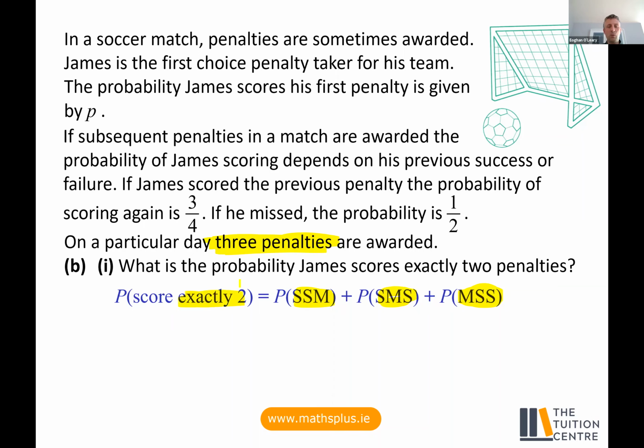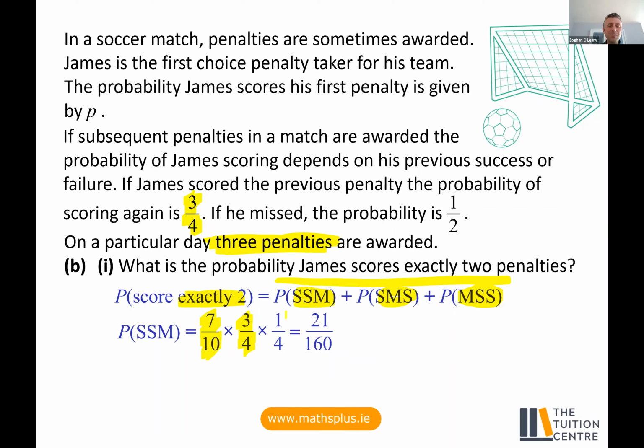Now sometimes in other questions these numbers would all end up being the same, but not so here. If we look at the first one, the probability he scores the first we now know is 7/10. But if he scores the first, the probability of him scoring the second is 3/4, because we're given that in the first bit of information. If he scores the first and scores the second, the confidence is still high.